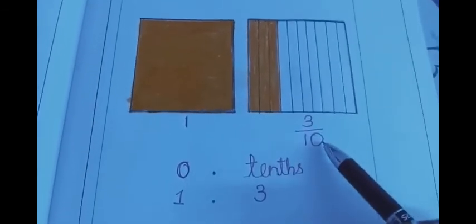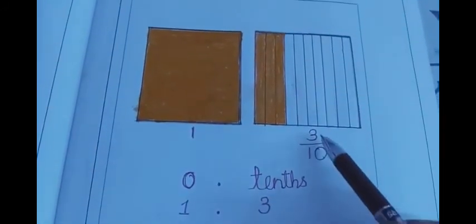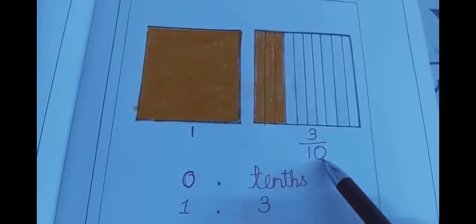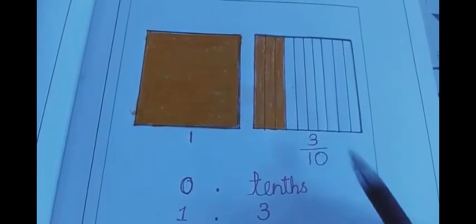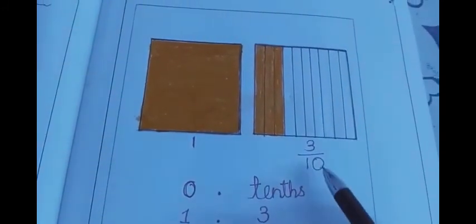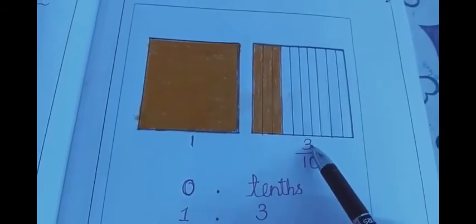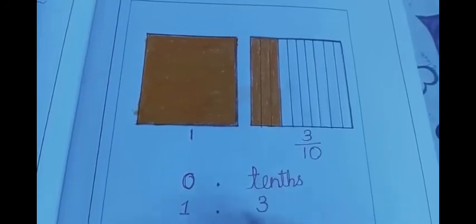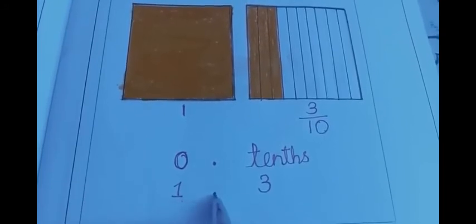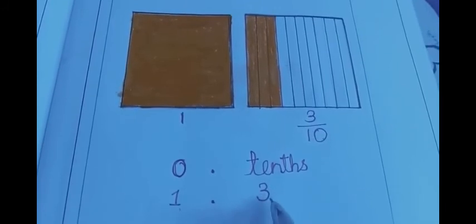So how will we write it? 10 below, means the denominator, and the numerator. There are 10 boxes. Among these 10 boxes, 3 are colored. So 3 by 10 we have to call it. The whole number will come down, and then how many are colored, we'll write it here. So 3 by 10. When we read it, 1, and then point, and then how many are colored? 3.